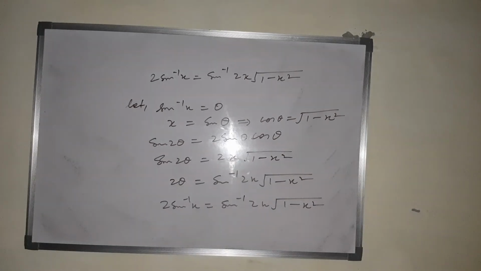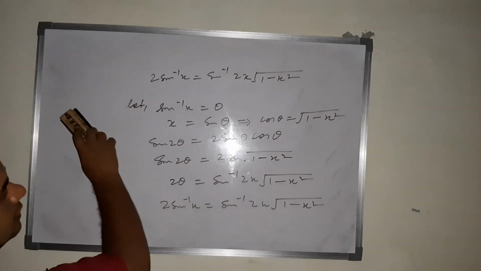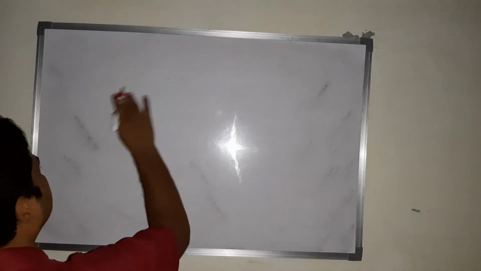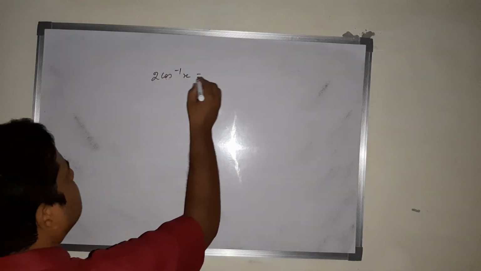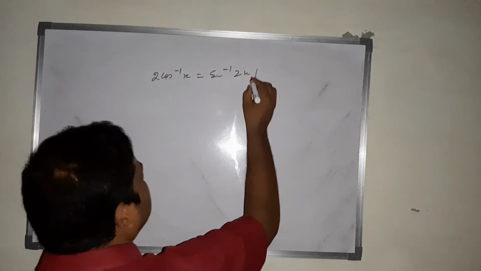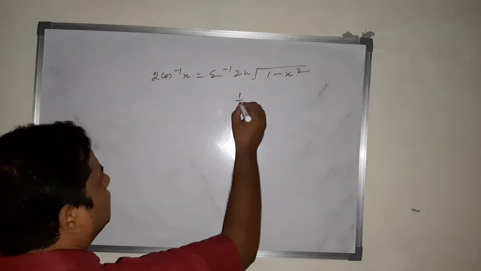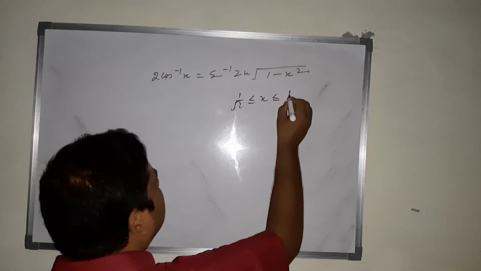So now the next property: 2 cos inverse x is equal to sin inverse of 2x root of 1 minus x square, where x belongs to 1 by root 2 less than or equal to x less than or equal to 1.